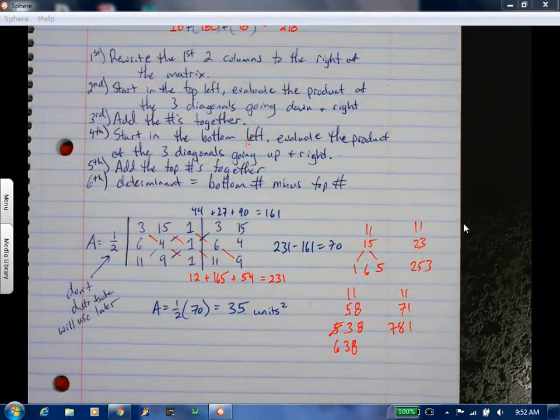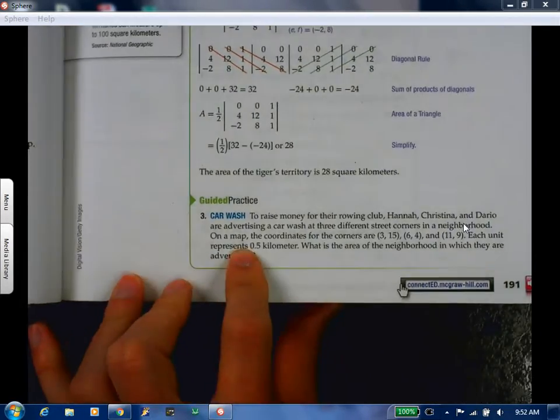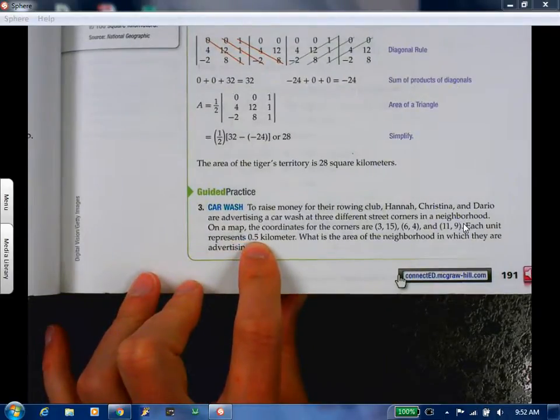Dividing by a half is the same as multiplying by 2. Now, the other thing we have to consider, and I was ready for this, is each unit represents a half a kilometer. A unit, not a square unit, a unit.